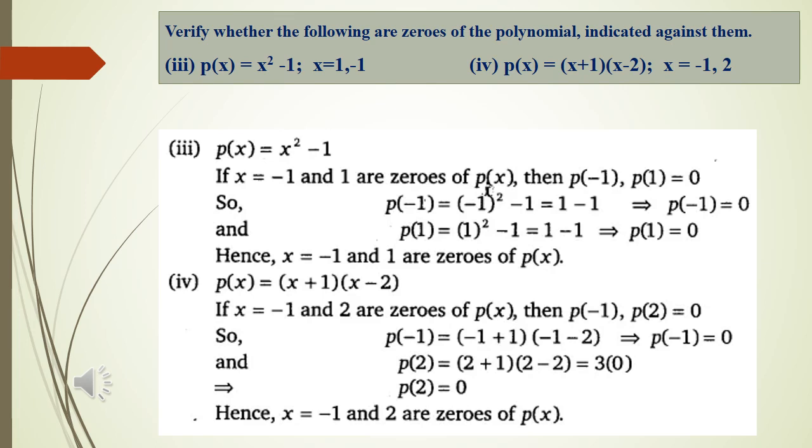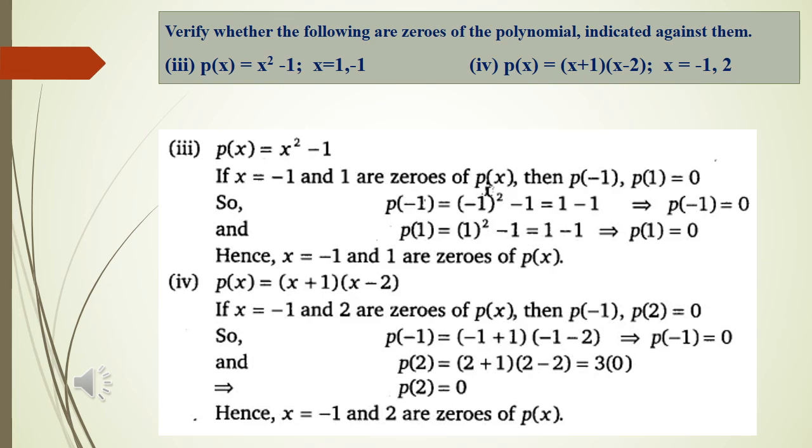As we substitute in the given polynomial, we will have in the first bracket minus 1 plus 1 and in the second bracket we will have minus 1 minus 2. But minus 1 plus 1 result is 0 and that's why 0 multiplied by minus 3, the overall result is 0. So we can say minus 1 is 0 of the given polynomial x plus 1 and x minus 2.